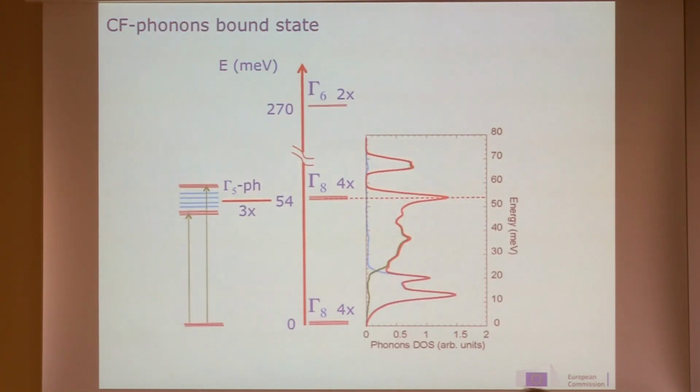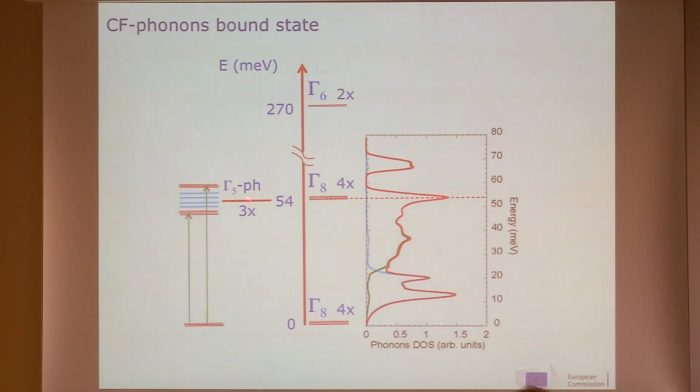Well, the reason why there is a double peak is because of the presence of a narrow peak in the phonon density of states. This peak is due to optical gamma-5 phonons, which are triply degenerate. They have the same symmetry of the gamma-8 quartet. And then they can mix, forming a crystal field phonon-bound state.